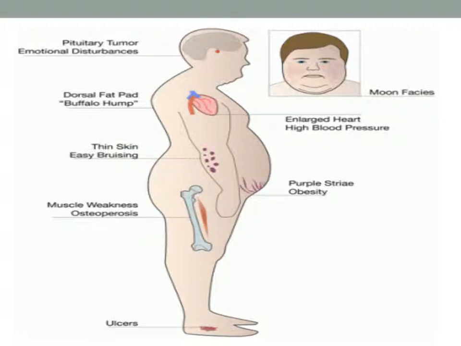They have weight gain, muscle weakness, fatigue. The buffalo hump here is a pretty famous sign for Cushing's disease. The moon face as well. They appear as someone who has taken a lot of steroids. People who are on steroids as treatment, this is what they begin to look like, and that's due to the higher levels of cortisol.